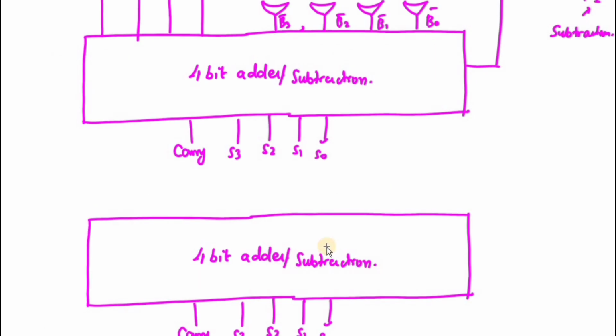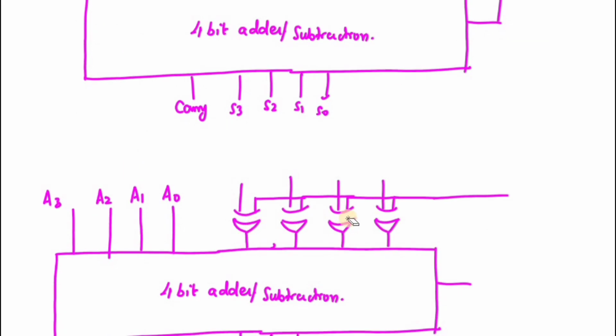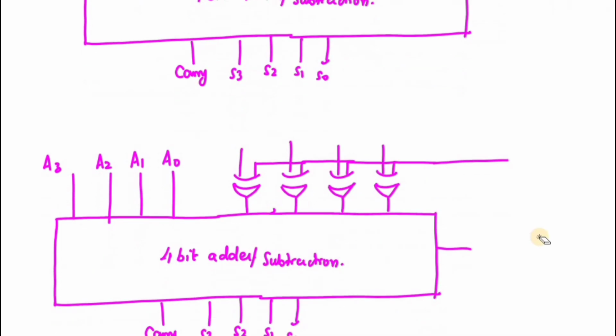So what I'm going to do is add one more XOR gate here. Why I'm going to add one more XOR gate is because I want to make this as the inverse of this value, right? So in order to get the inverse of this value, I have to get this input as equal to 1. When this value becomes 1, whenever the A value is less than the B value, right?